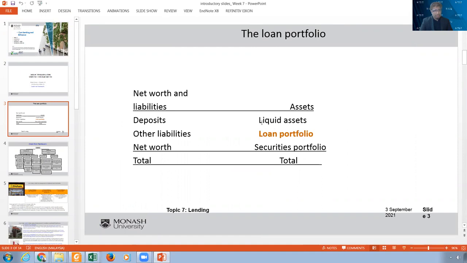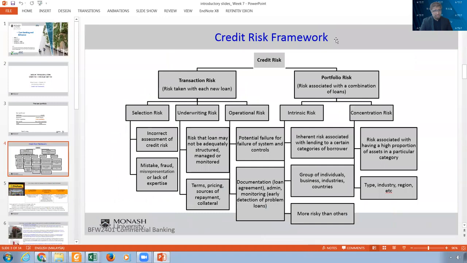Now, we can deal with the loan portfolio from a single loan or from a portfolio. The most important thing, I think, is just the framework. When we talk about credit risk, we are talking about what we call transaction risk and portfolio risk.